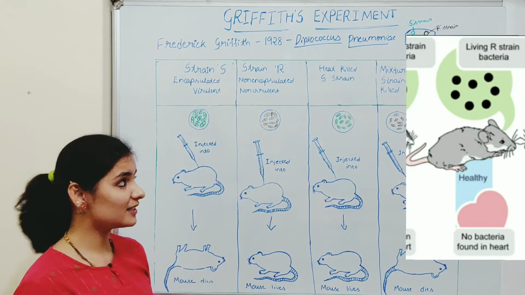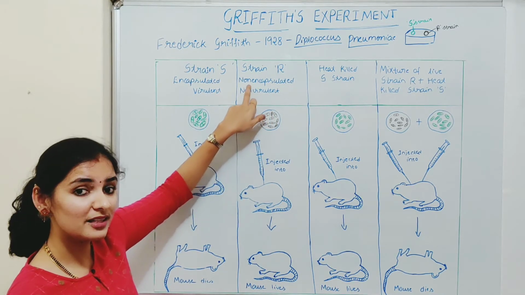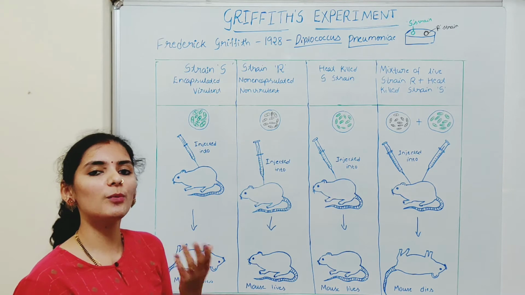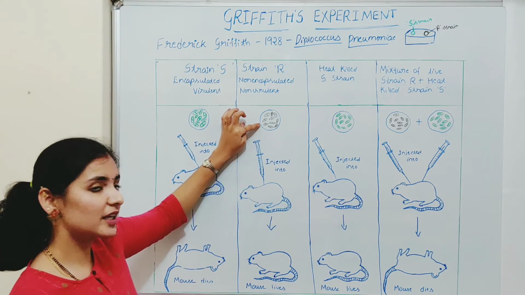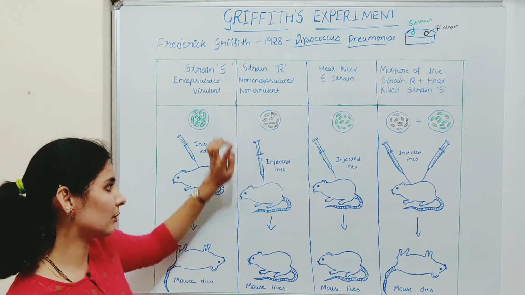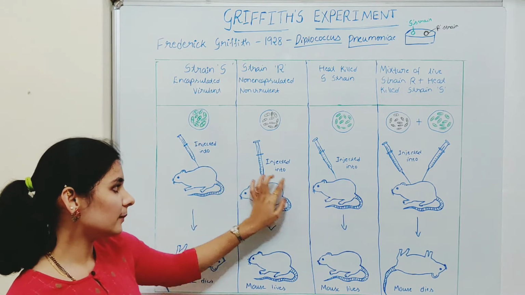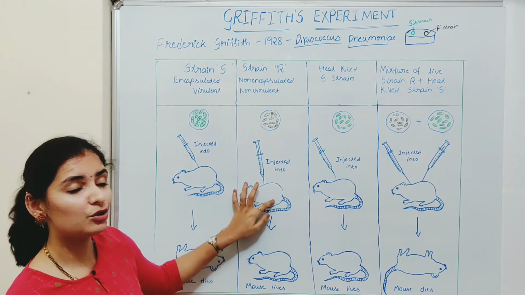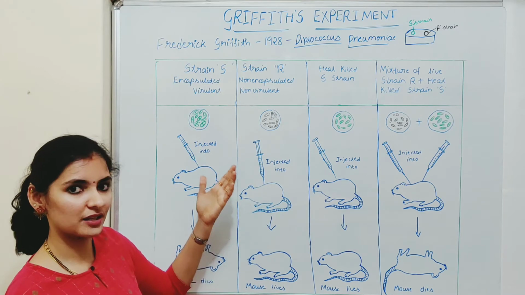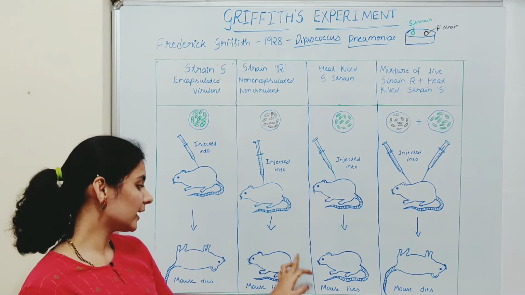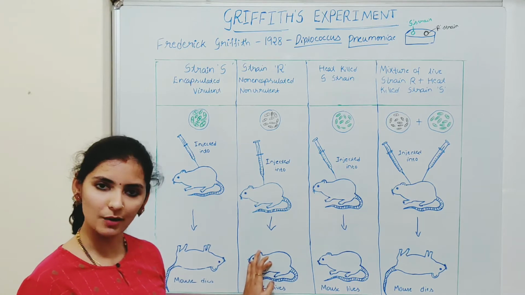What happens here is that the R strain is non-encapsulated, meaning it does not have a mucin or polysaccharide capsule. Because of that, the R strain cannot protect itself from the host immune cells. Once it is injected, the immune cells of the mouse start to fight against the R strain and kill it. So we cannot find living R cells in the blood of this mouse.